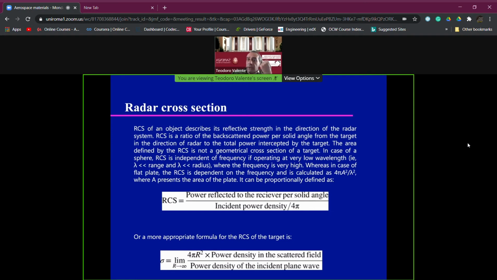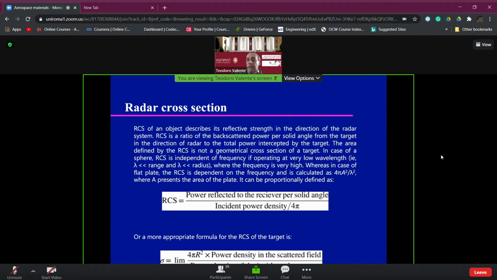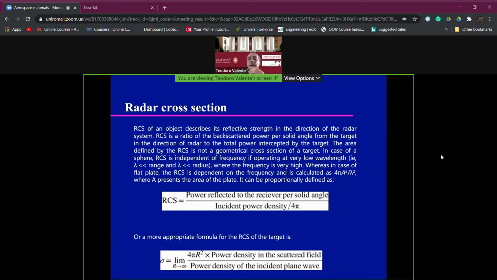It is not a geometrical cross-section of a target. And in the case, for example, of a sphere, the radar cross-section is independent of frequency if operating at a very low wavelength, where the frequency is very high.